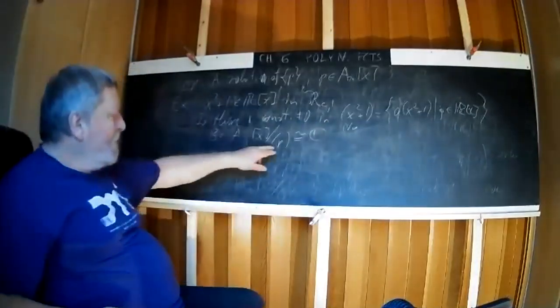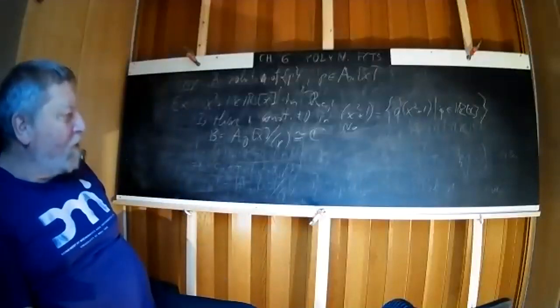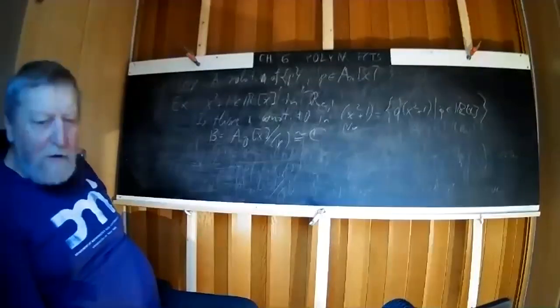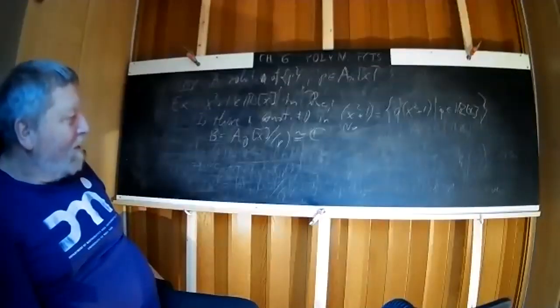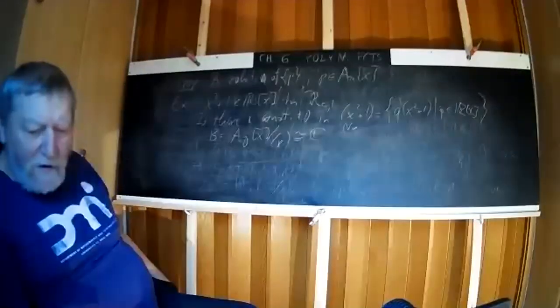Take all polynomials factored out by x squared plus 1. That means you replace x squared by minus 1 every time, and in there this will have a solution.